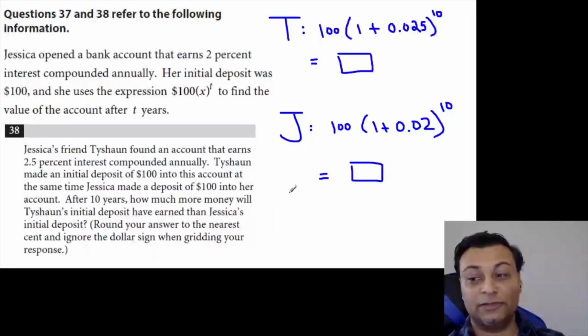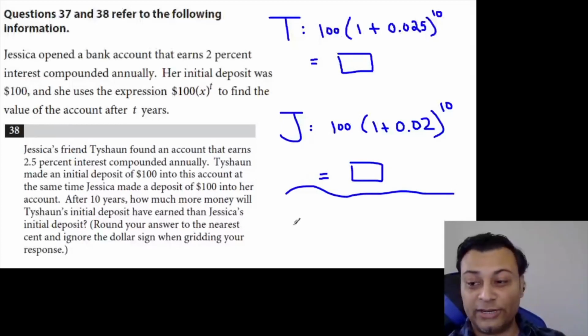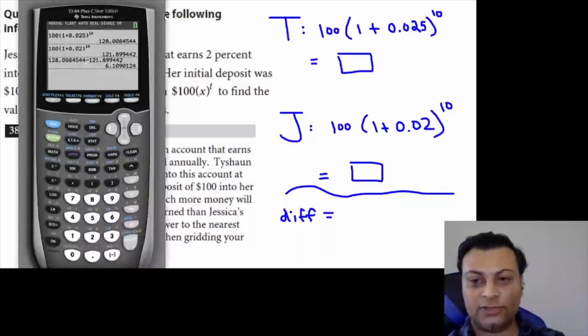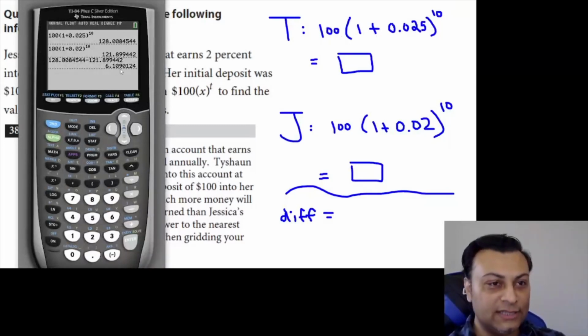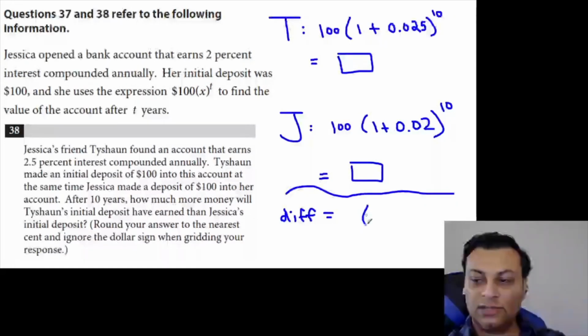We only cared about the difference, which we've already calculated. So the difference was, again, $6.11. We will round to the nearest cent. So it's 6.11 with no dollar sign. So the answer is 6.11.